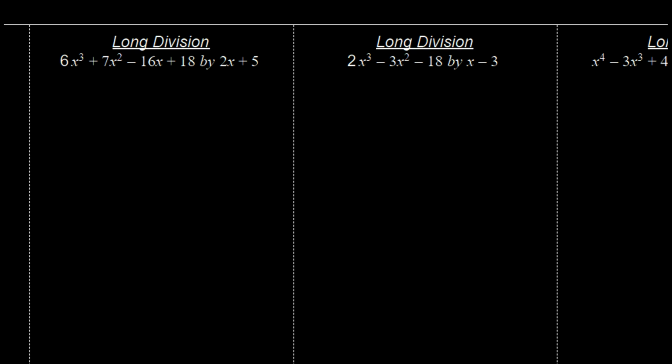What term are we skipping? The plain x value. So when I'm writing this down, I need to place a placeholder inside of my division house for that plain x value. So we have 2x cubed minus 3x squared. Then there is no plain x.